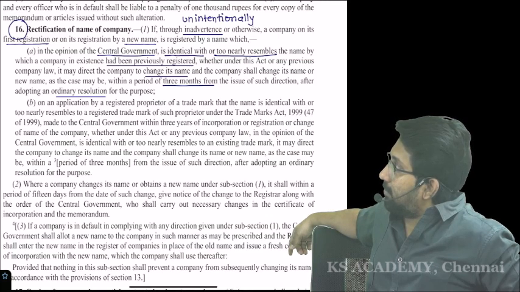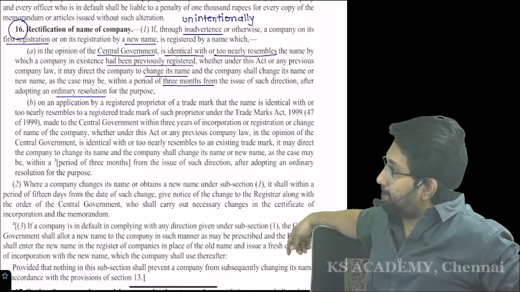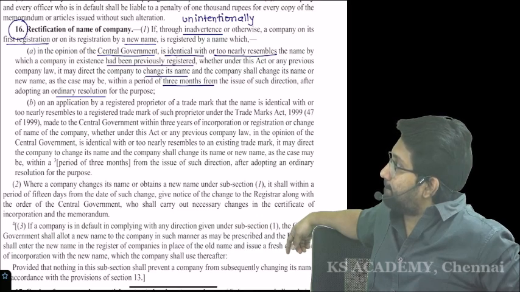And for the trademark, where a company has an existing trademark name registered, the central government gives direction to such company to change the trademark's name within a time period of 6 months.